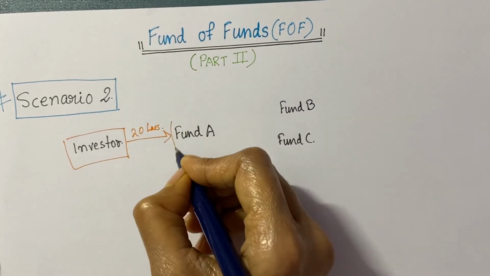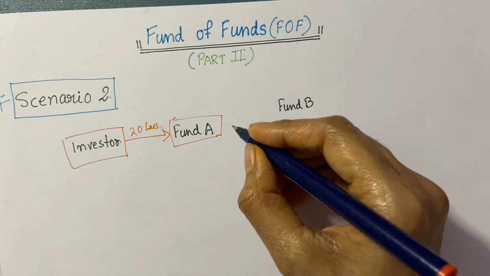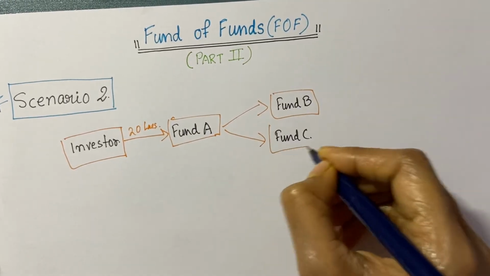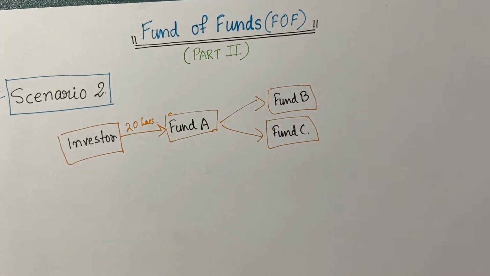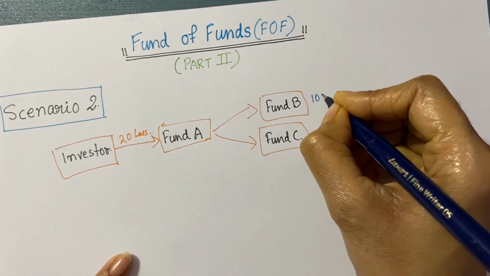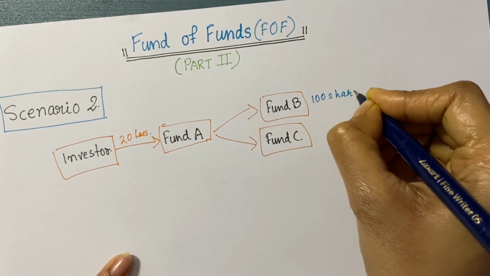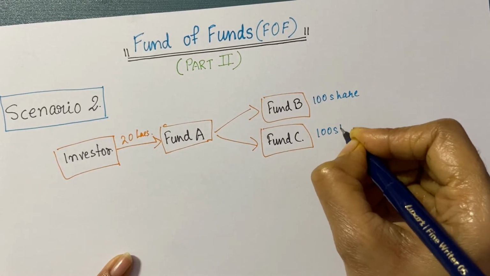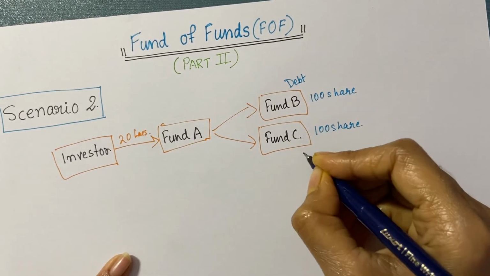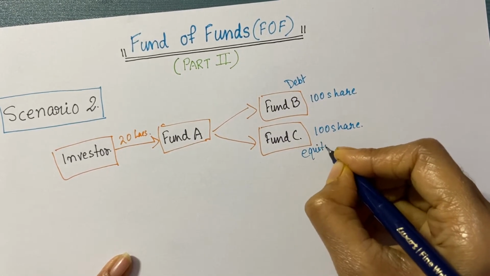This is my top fund. This fund is investing in these two underlying funds. As I explained last day, we will go with the same: fund A is holding 100 shares of fund B and 100 shares of fund D, and fund B is a debt fund and fund C is an equity fund.